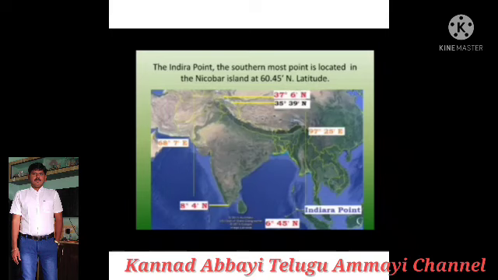Children, you can see it at the bottom of the map, 6°45' north latitude, which we call Indira Point. This is also one of the important map points. Keep it in your mind.